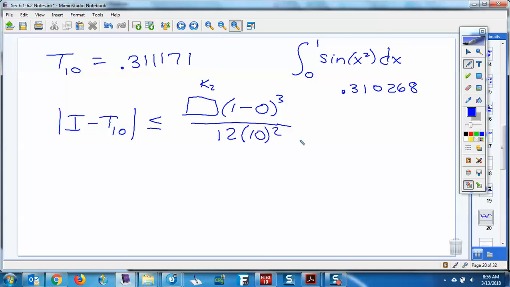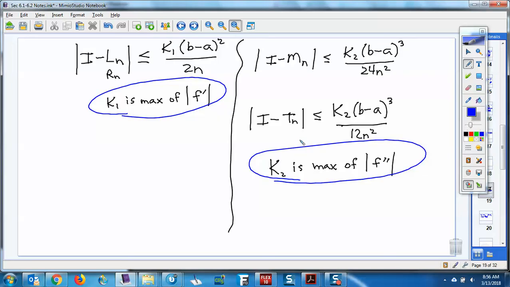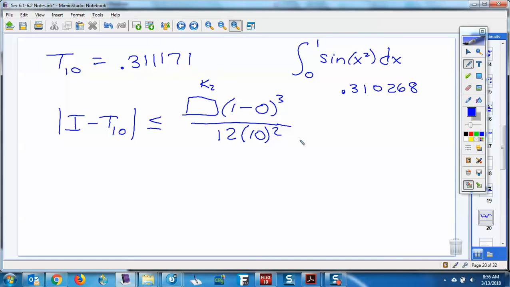That's our formula, B minus A cubed over 12N squared when we're doing the trapezoid. Now our job is to find K2. That's the part I'm really interested in with these problems. It's not hard, but it's the most work of doing this.